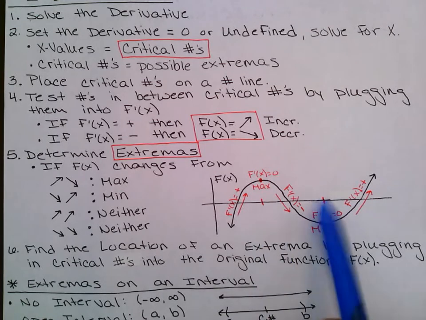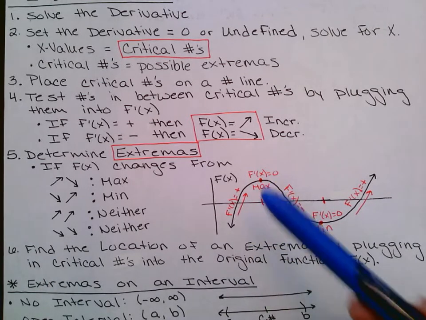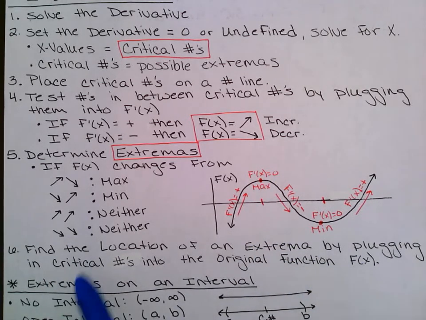So once you've found the x values of those maximums and minimums, the way to find the y value, the actual location of where that maximum occurred on the function, is you plug that critical number into the original function f of x that was given at the very beginning of the problem, okay?